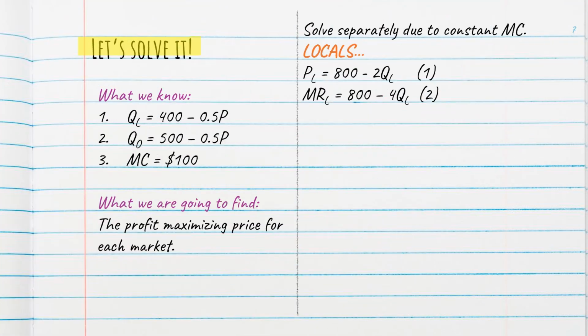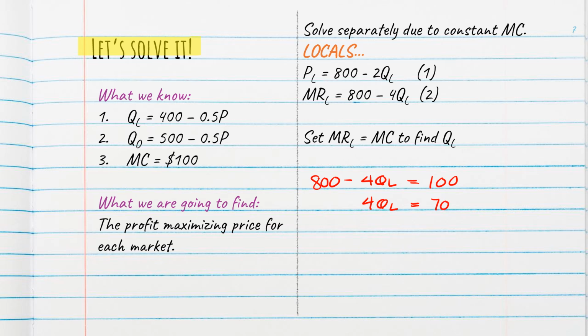Now that we've found marginal revenue, we can set that marginal revenue value equal to marginal cost to find the number of units that our firm wants to sell to locals. So we have 800 minus 4QL is equal to marginal cost of 100. So 4QL is equal to 800 minus 100, which is 700. If we then divide both sides by 4, we get that QL is equal to 175.